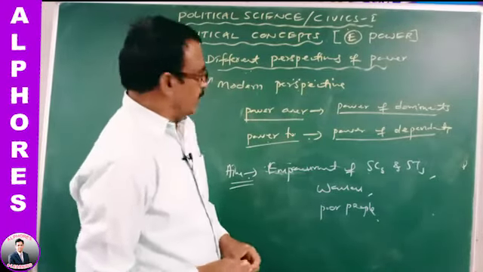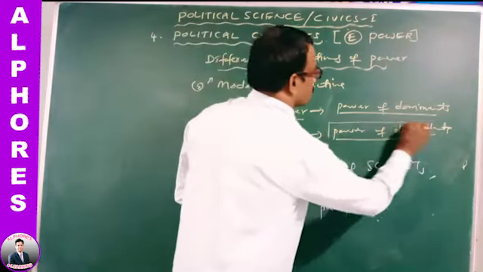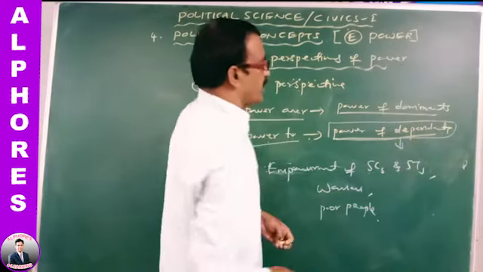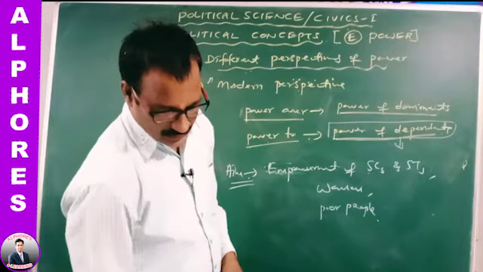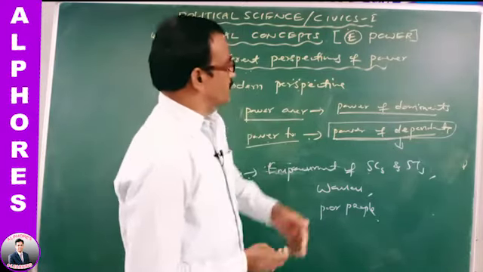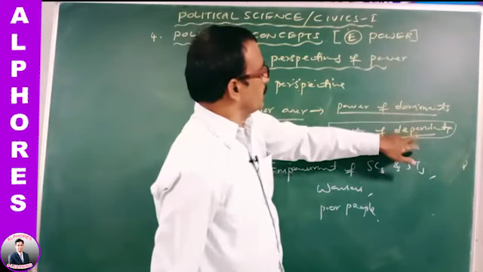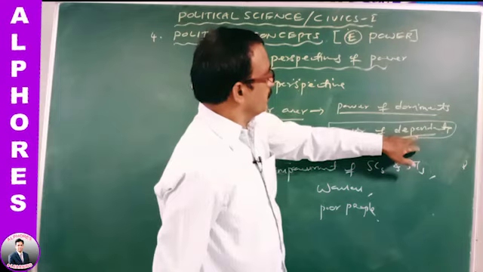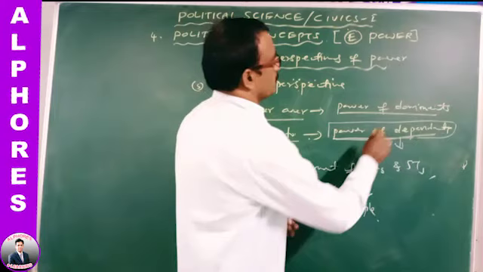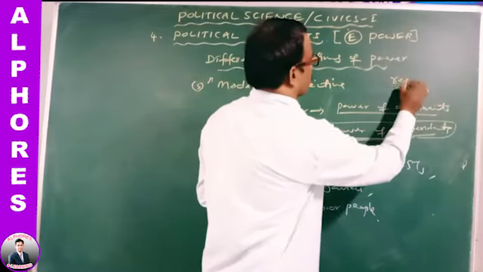Clear? And according to this perspective, power to, that is the power of the dependent, resists the oppressors. Here, who oppresses whom? Dominants oppress the dependents. Hence, dominants are called suppressors or repressors.